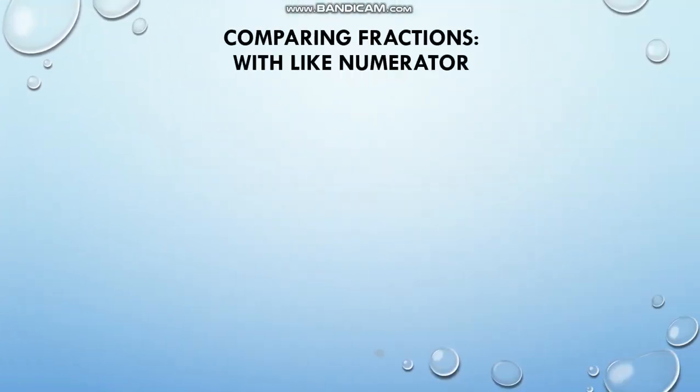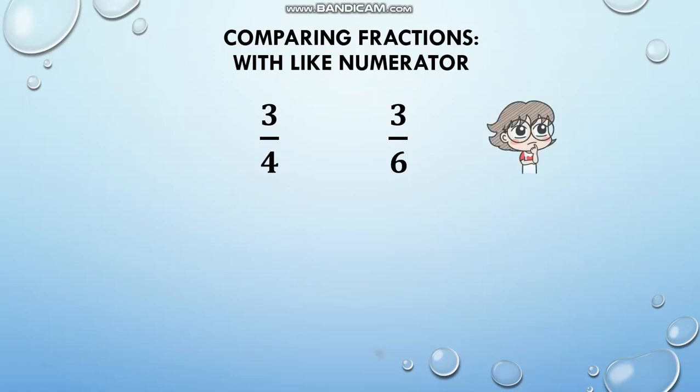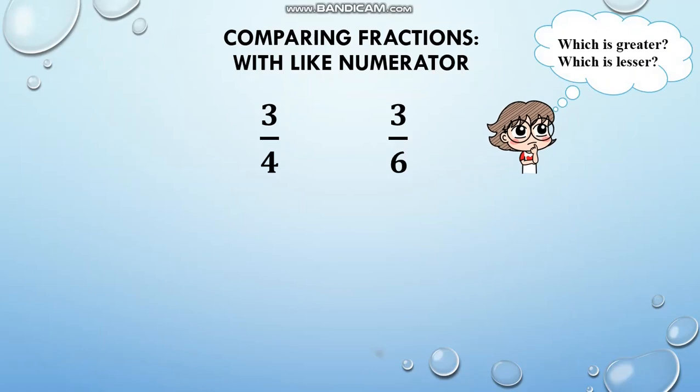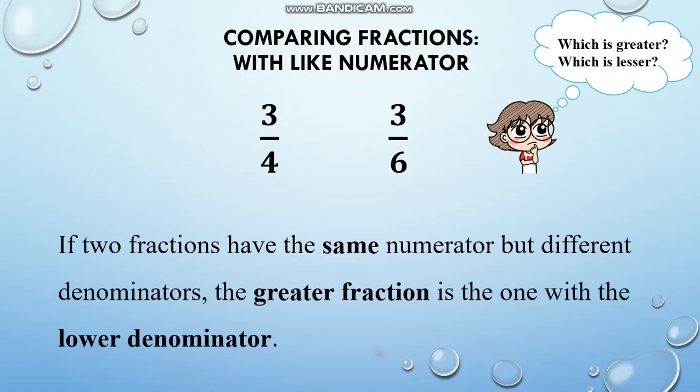Let's compare fractions with like numerators, and remember, numerators are numbers above the vinculum, or above the line. Look at the fractions 3/4 and 3/6. Which one is greater, and which one is lesser? Well, if two fractions have the same numerator but different denominators, the greater fraction is the one with the lower denominator.